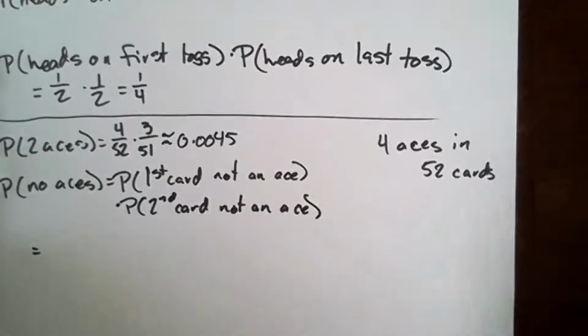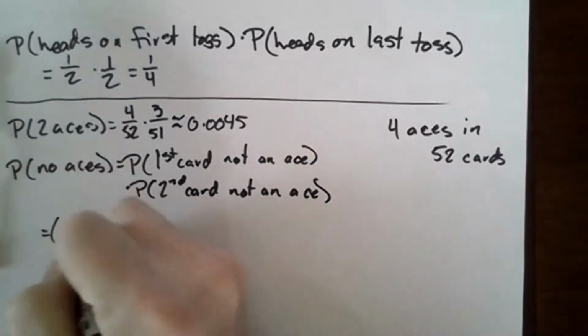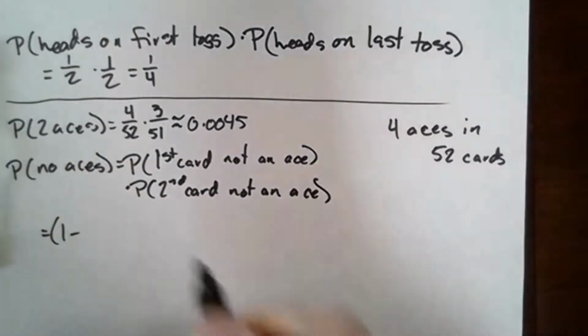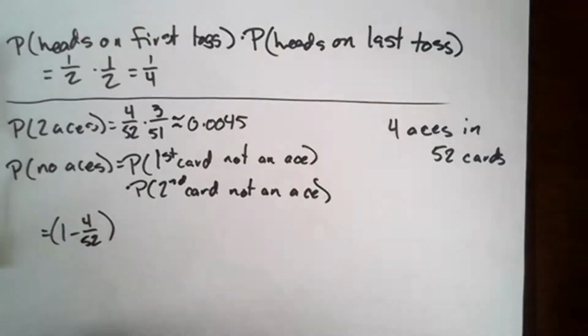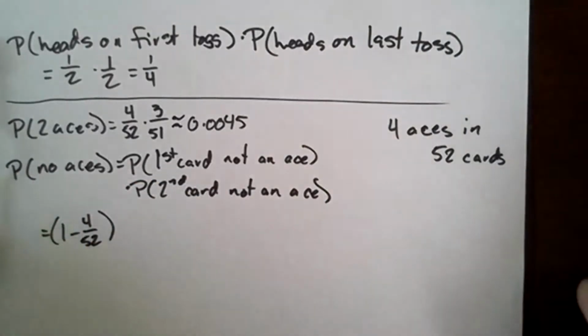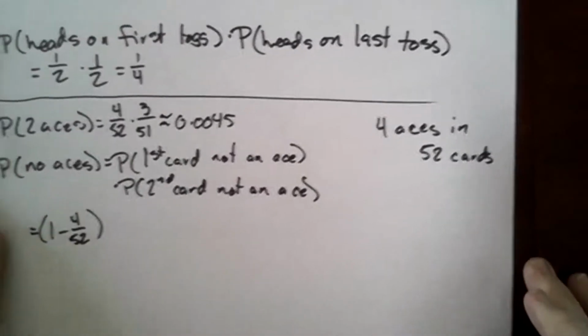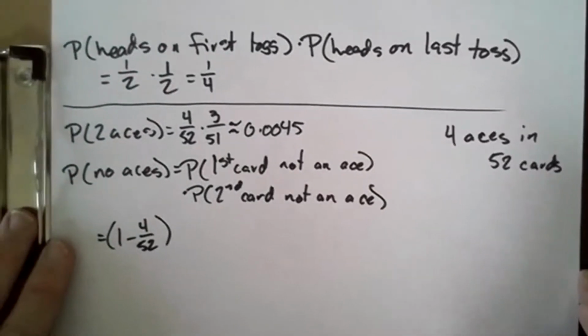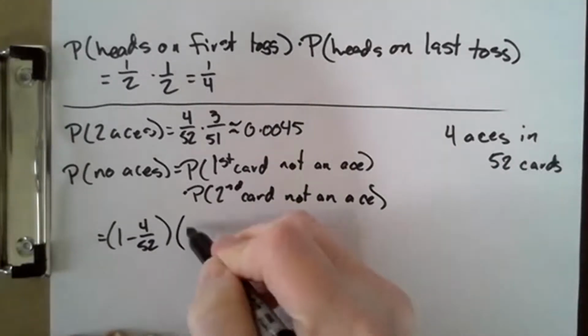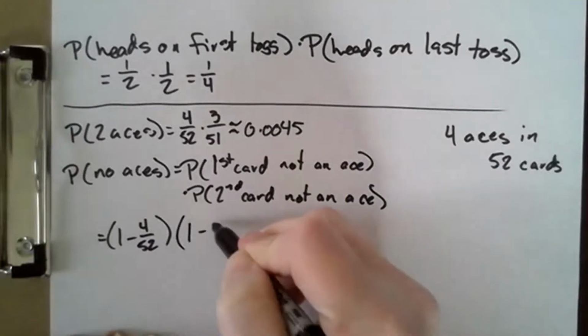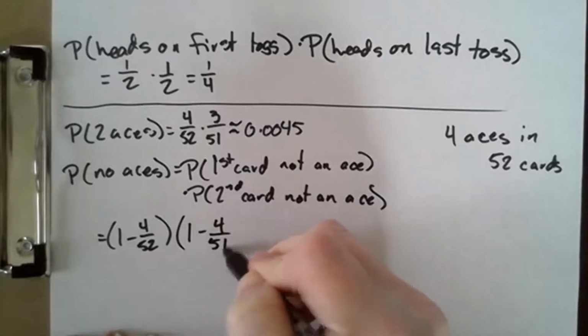Okay, so our probability that the first card is not an ace is 1 minus the probability that it is an ace, which is 4 over 52. The probability that the second card is not an ace is 1 minus 4 over 51.